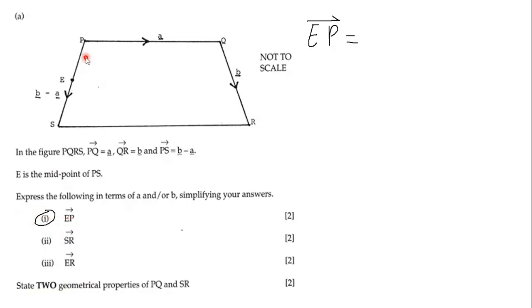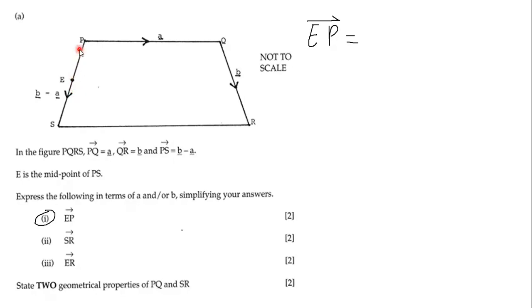Notice that EP is here. So this is EP. And since E is the midpoint, EP is going to be half of PS, because E is the middle. So this distance from E to P is going to be half of PS.